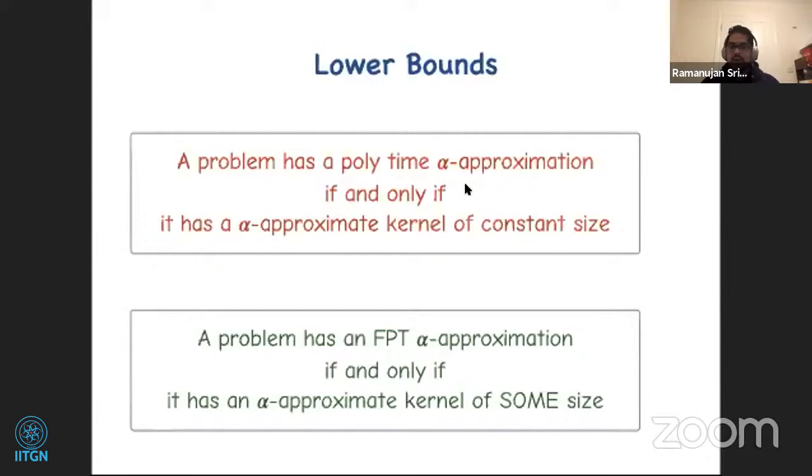So you already have a very rudimentary approach to rule out alpha approximate kernels, but what we'd like to do is bring in existing machinery that we already have for kernel lower bounds and combine it appropriately with the machinery for approximation lower bounds, and see if we can come up with a lower bound machinery that combines these two aspects.